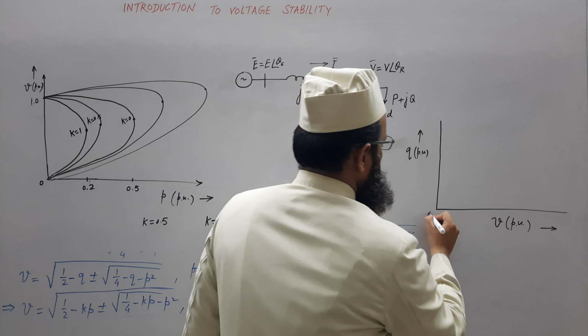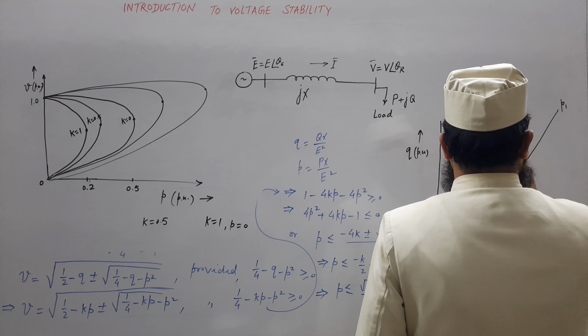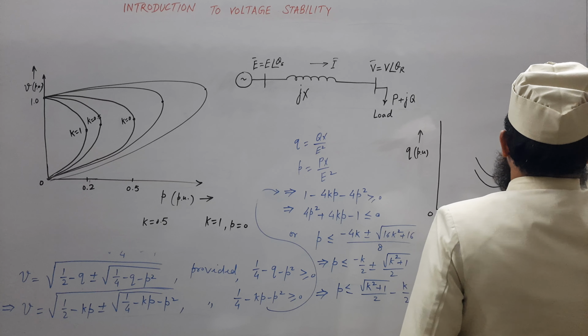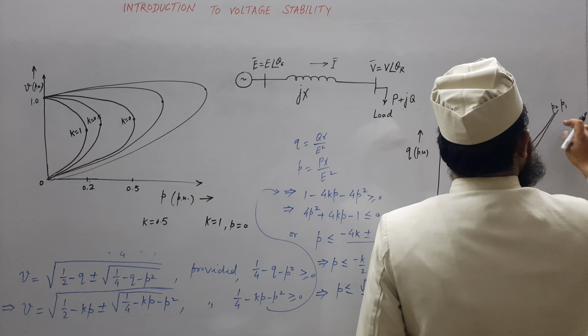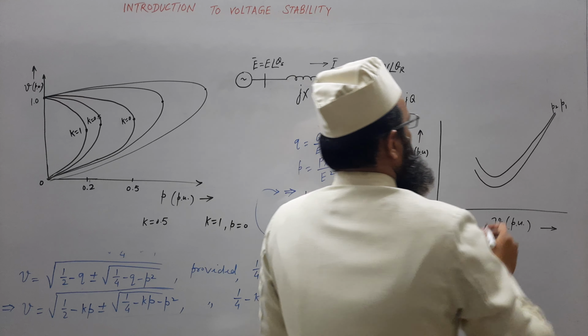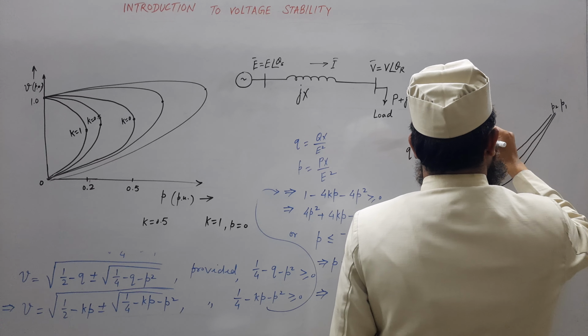For another per unit value of P, let us say P2, we will get, let us say this is P2, like this. Let us take some another P3, something I am writing here, P3.